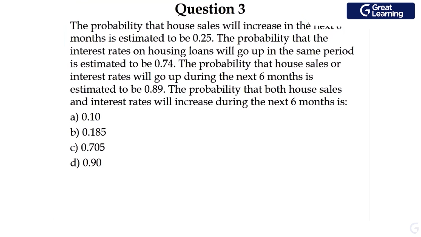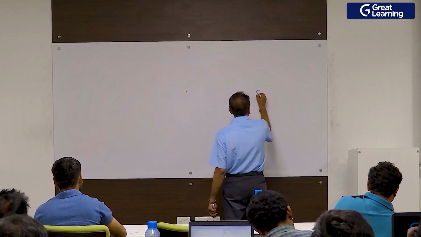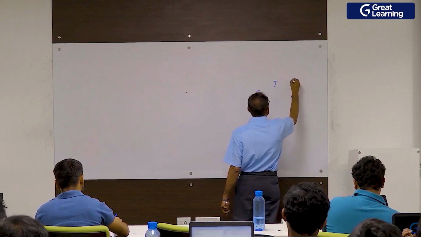The probability that household sales or interest rates will go up during the next 6 months is estimated to be 0.89. The probability that both household sales and interest rates will increase during the next 6 months, you will have to compute. This is another example. Let's say the interest rates and sales. So S bar, I bar.